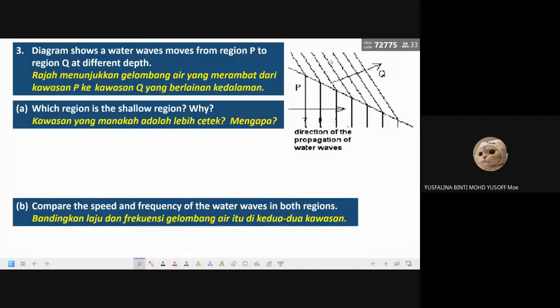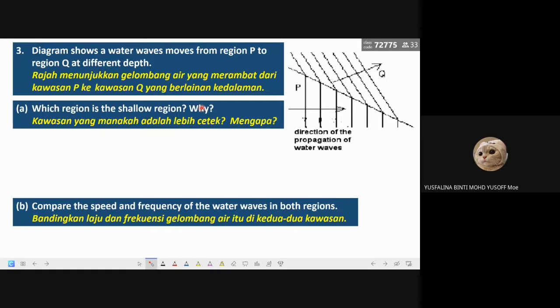For number 3, here we see the question. It says a diagram shows a water wave moving from region P to region Q at different depths. Which region is the shallow region and why?